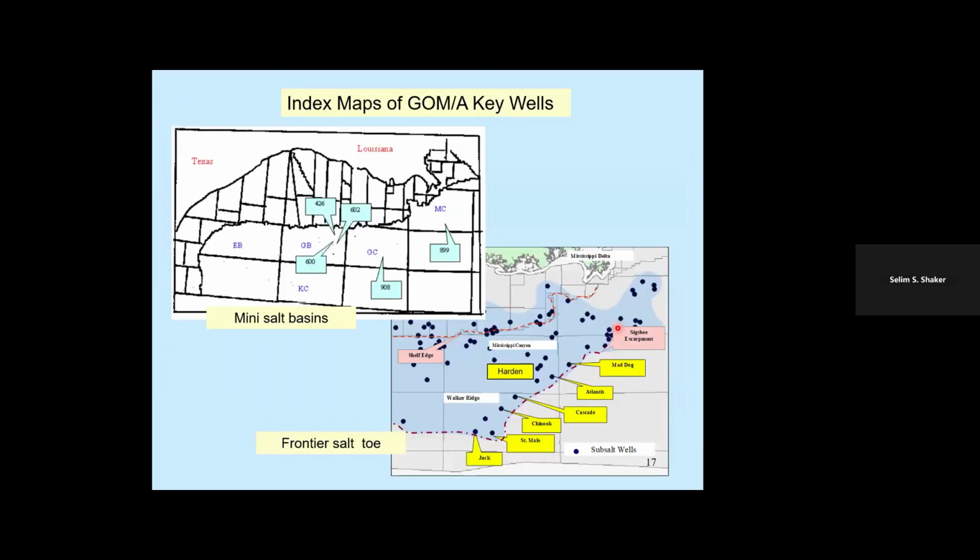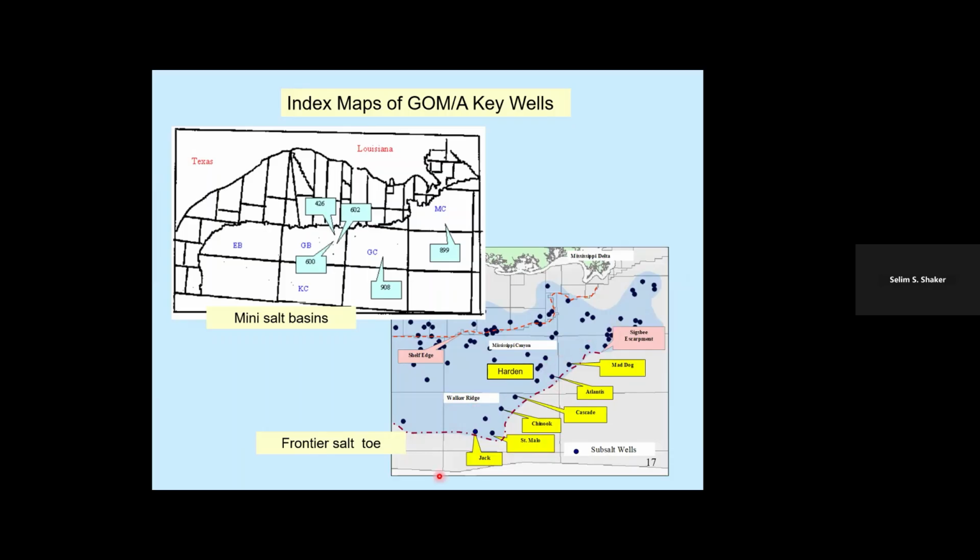Here is the index map I talked about. We designed our 7 models from the Gulf of Mexico. Here are the salt basins. This is the frontier salt belt too. This is the most producing trend in the Gulf of Mexico.